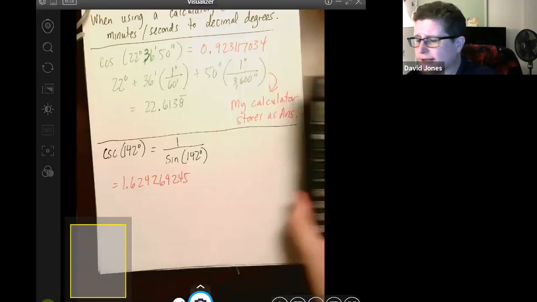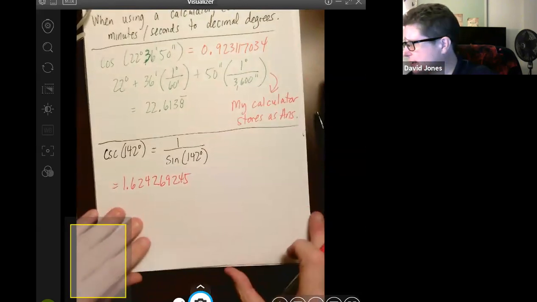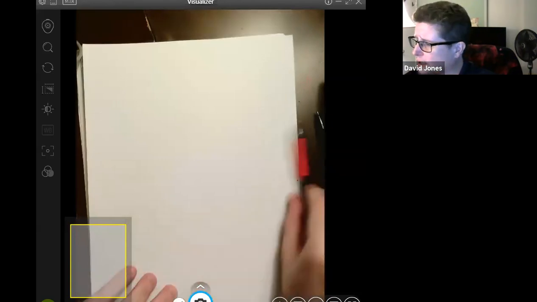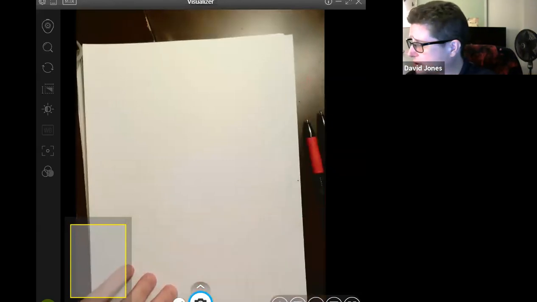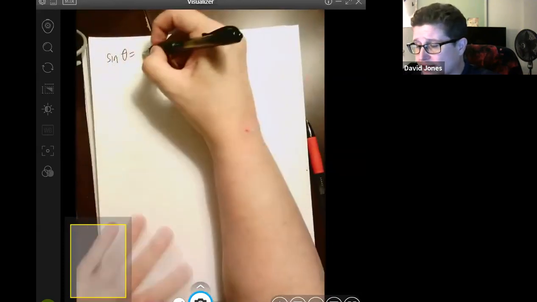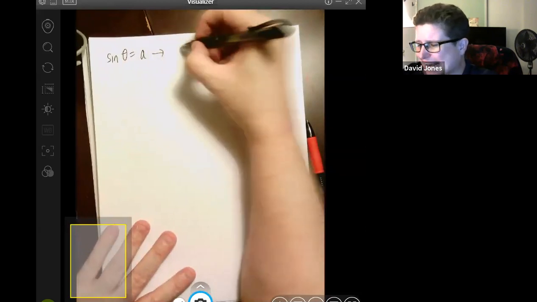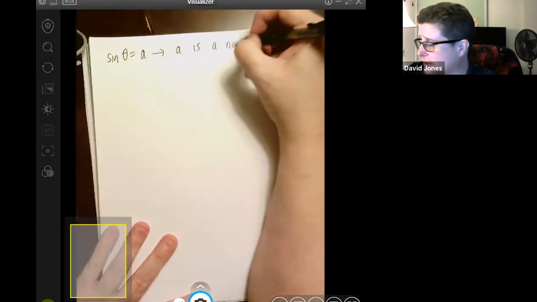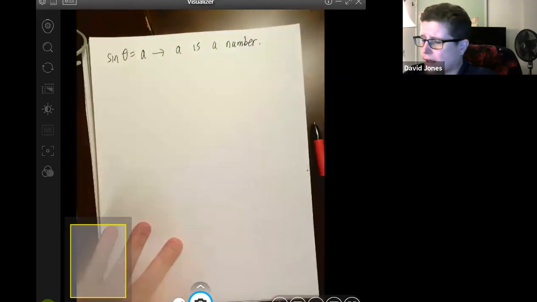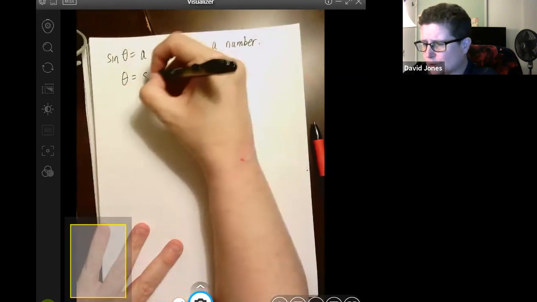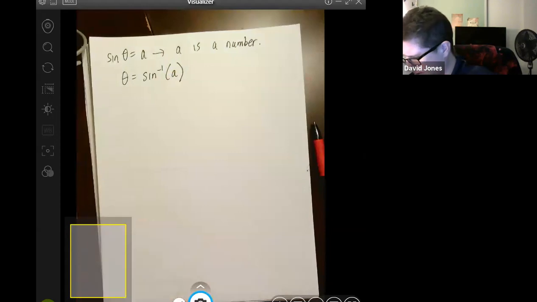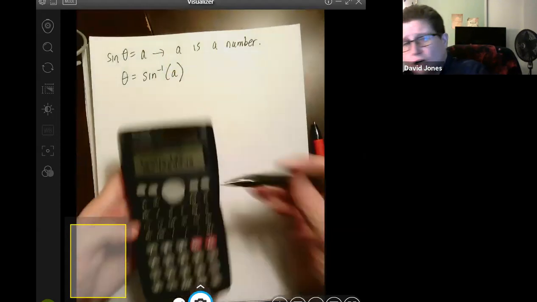We got some more calculator options we're going to go through. This is when we're working with the inverses. So it's important to note, when we say sine of theta equals some value A, where A is a number, we can write theta equals sine inverse of A. I don't know if your calculator has it.